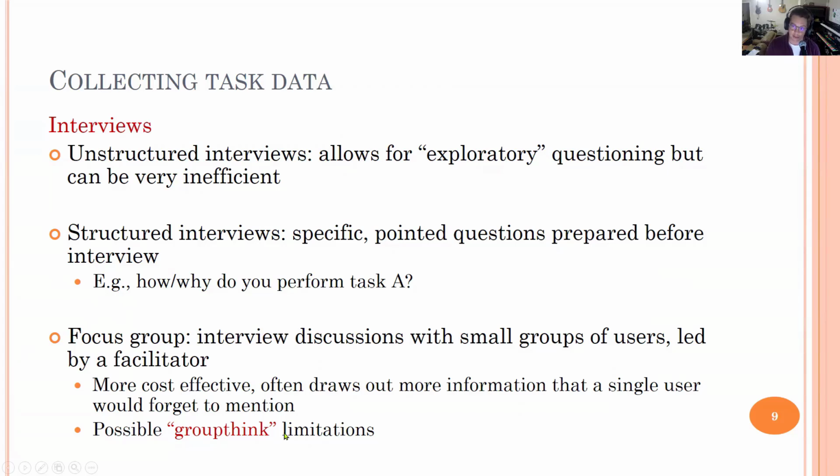That being a limitation in the sense that if one person has X ideas and the next person has Y ideas, the combined sum of their ideas is not X plus Y, it's less than that, because people tend to follow along where the group is going with these conversations. So if you had people individually, you'd get a greater quantity of input. Having them together, you're losing some of that, but it is more efficient and cost effective as well.